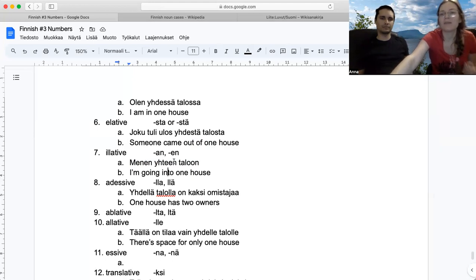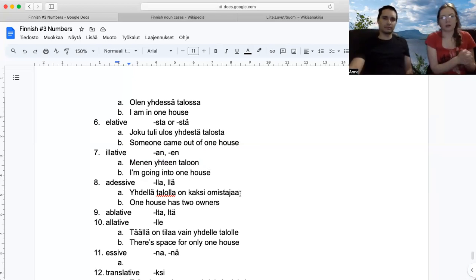It doesn't have one certain ending. It has three types of endings depending on the word type. Well, in this case, it will be an, on, double A, double O, plus N, yhteen taloon. But we're not going to go deeper about different endings in this case now.